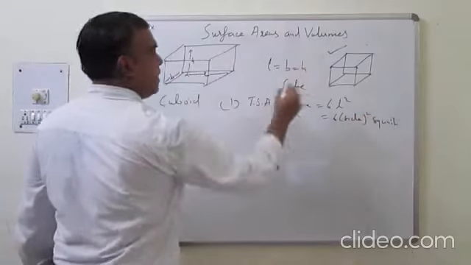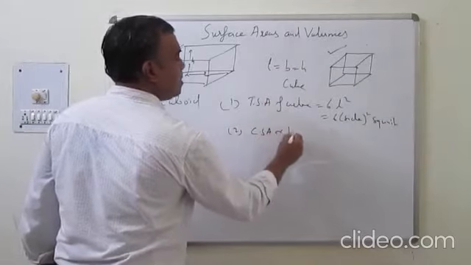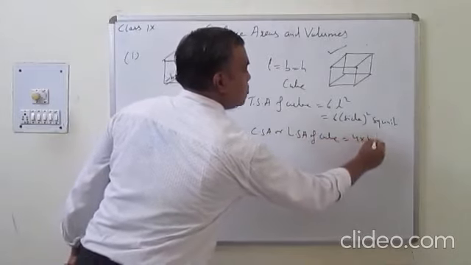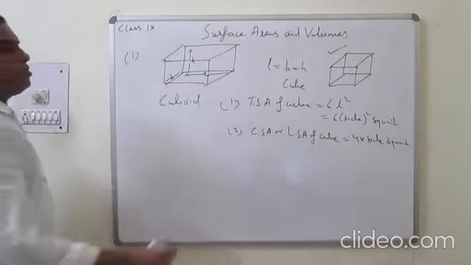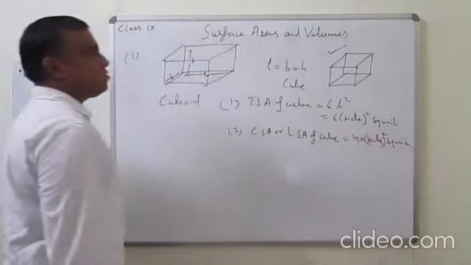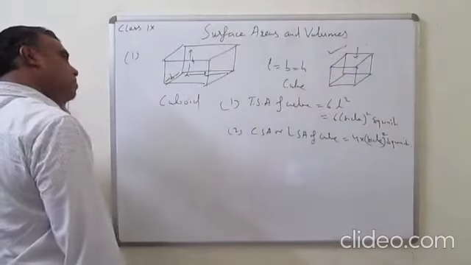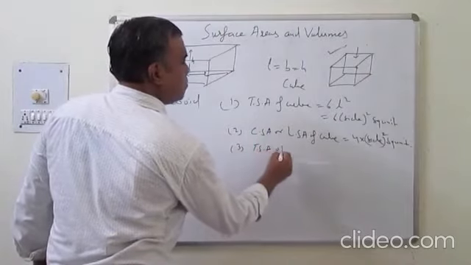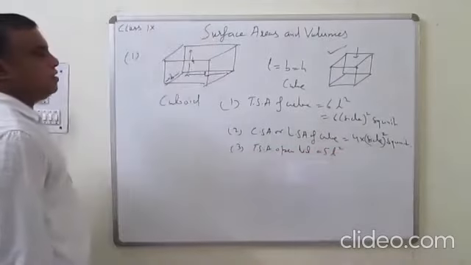Now, what is the lateral surface area or curved surface area, CSA or LSA of cube? 4 into side square, square unit. In this also, if the lid is open, then TSA with open lid becomes 5 into side square, square unit.